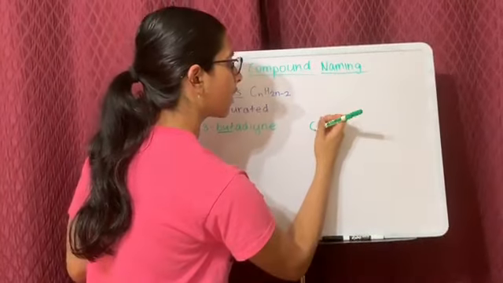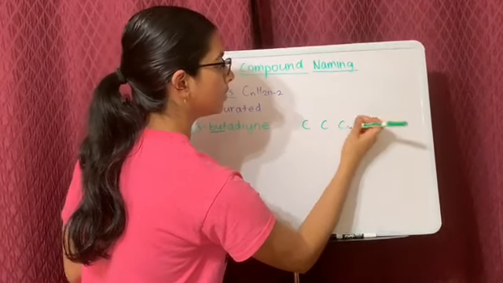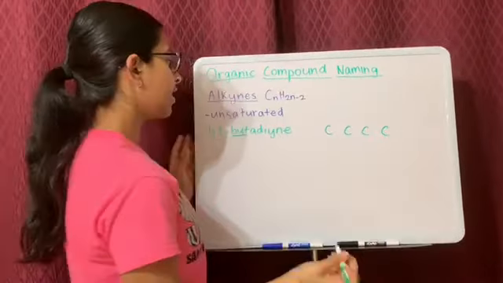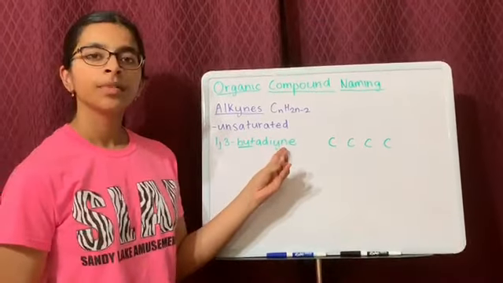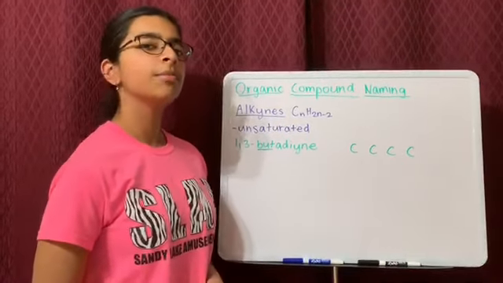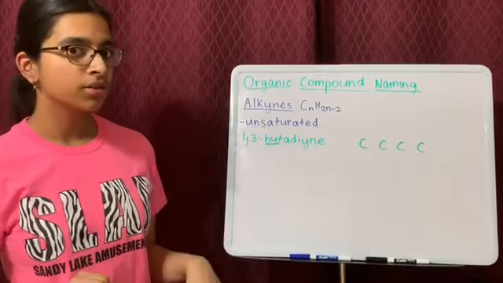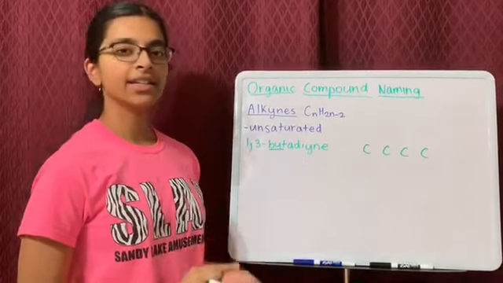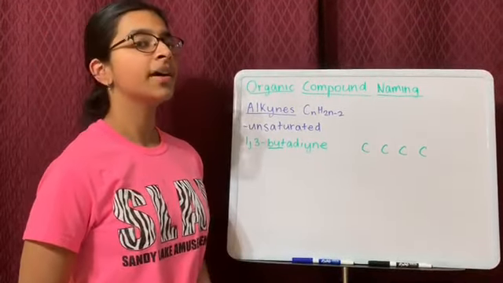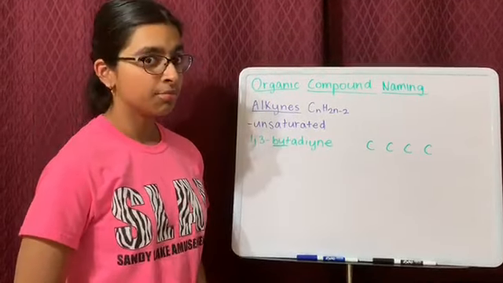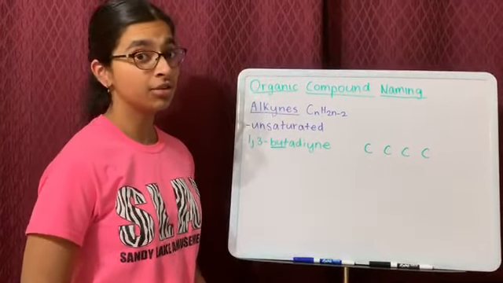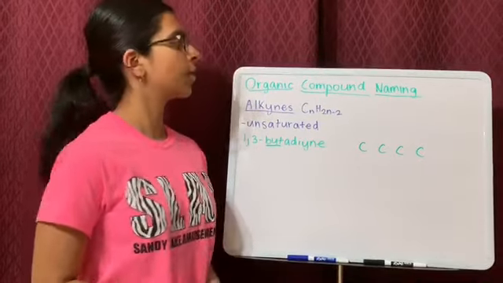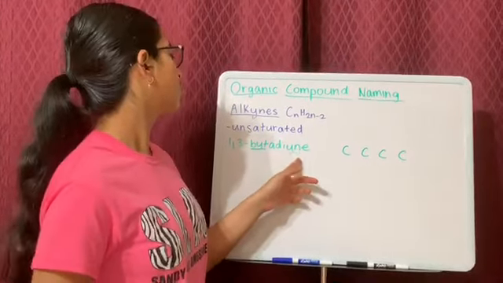So let's draw our 4 carbons. And we see diene. Up until now, we've only worked with there being 1 double bond or 1 triple bond, but the diene indicates that we have 2 triple bonds. Just like if we just had an ine, that would be 1. If we had triene, that would mean 3 triple bonds, and so on and so forth. So we have 2 triple bonds.